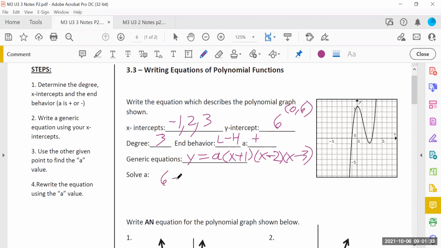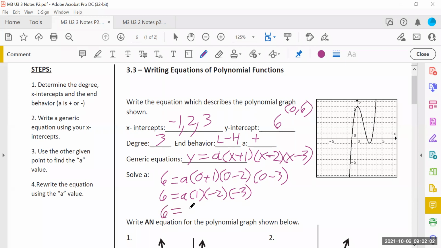So 6 is equal to A times 0 plus 1 times 0 minus 2 times 0 minus 3. That gets us 6 equals a times 1 times negative 2 times negative 3. Negative 2 times negative 3 is positive 6. So I get 6 is equal to a times 6.